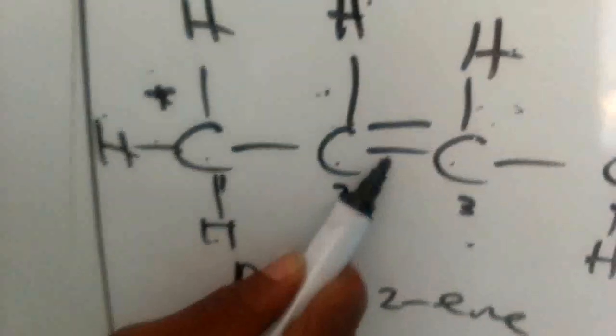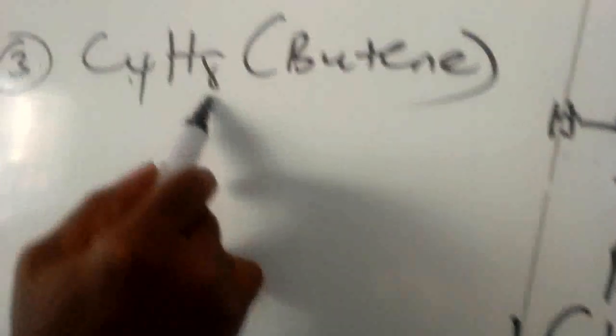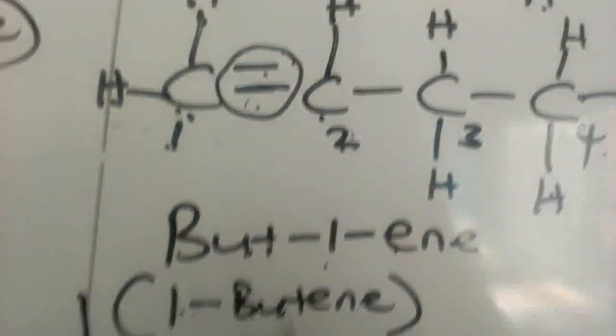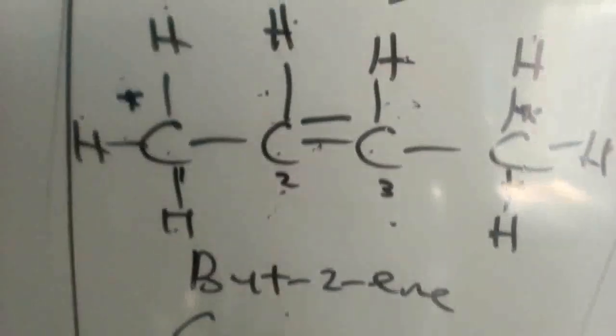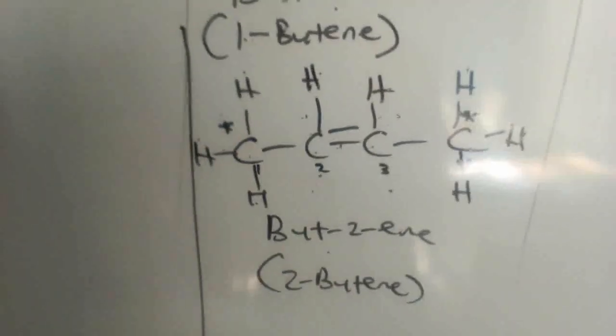But the position of the double bond here and there is different. The names are different. They have the same molecular formula, but different molecular structures. These compounds are called isomers, or structural isomers.